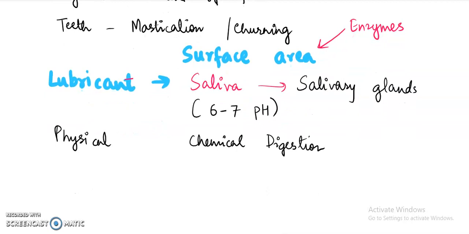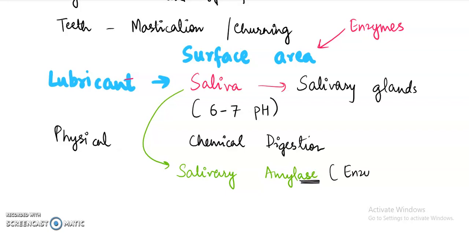So saliva actually contains an enzyme which is known as salivary amylase. Whenever we write the names of enzymes, they always end with the suffix ase, and this shows that we are talking about an enzyme. So the enzyme that is present in the saliva is salivary amylase, or it is also known as ptyalin.